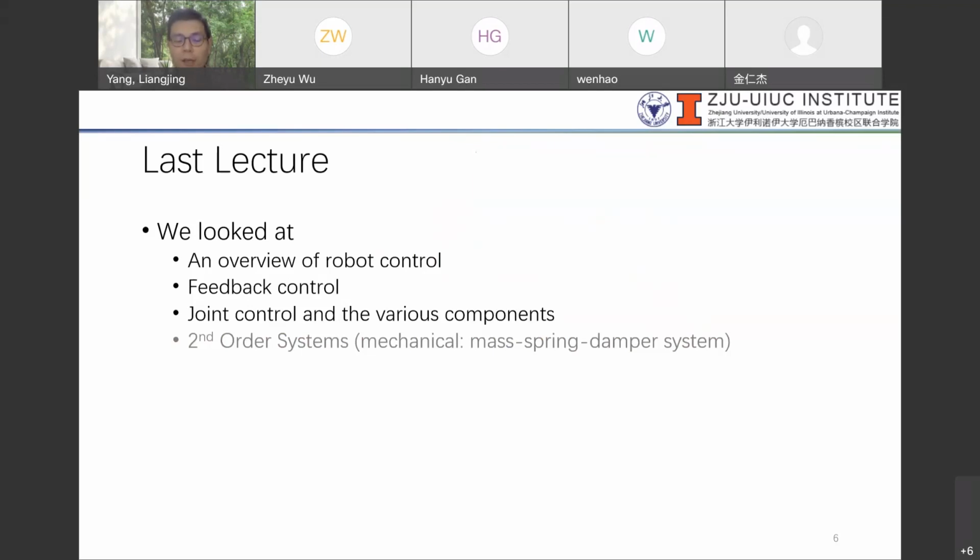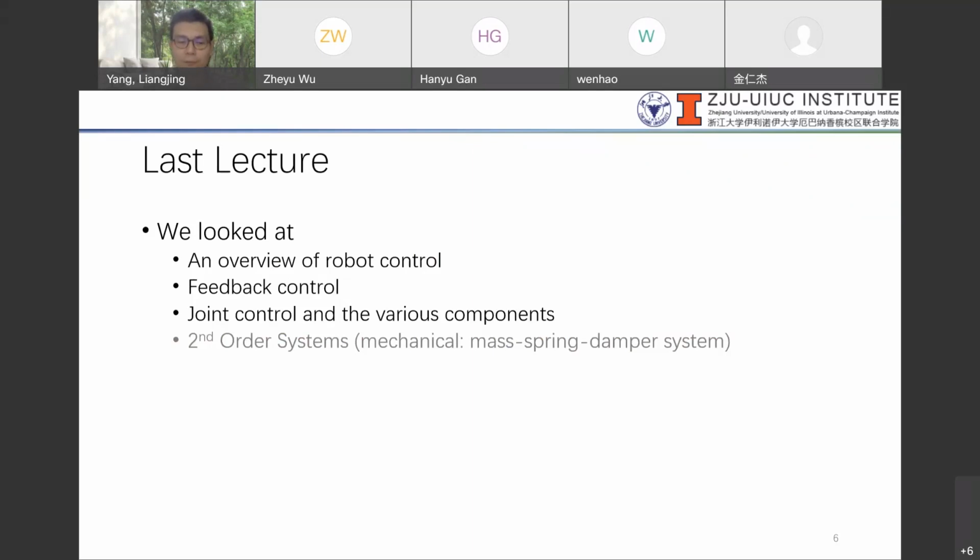So feedback control is required in most practical cases. And we looked at joint control, where we isolate each individual joint as a single control system to make sure that we can achieve what we require for just that joint itself.